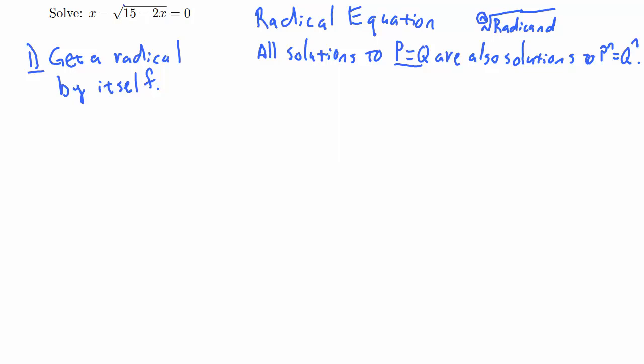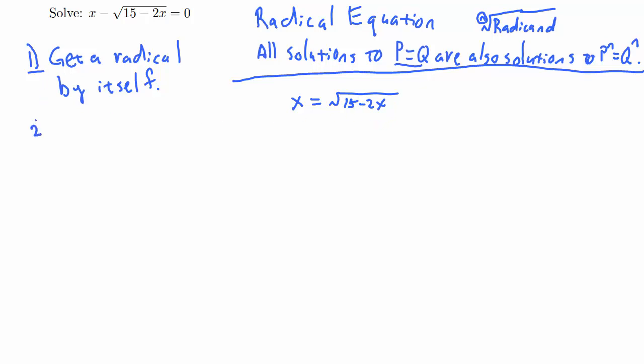I want to get this radical by itself, and the easiest way is to add the square root of 15 minus 2x to both sides. That's going to give me x equals the square root of 15 minus 2x.